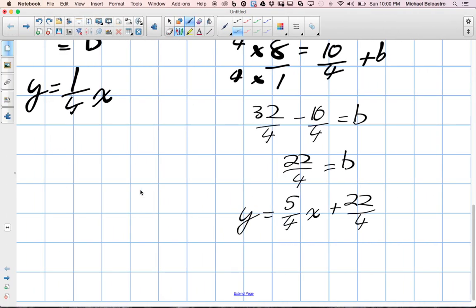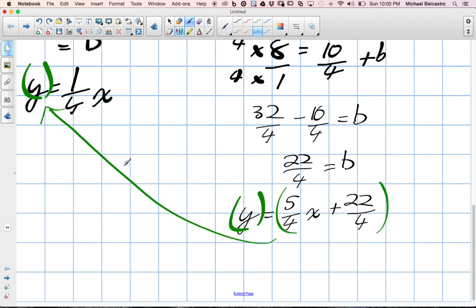So now that we have our two equations, which are written right here, we'll do this part in green. What we're going to do is we're going to set them equal to each other. So we have this is equal to this. So it's the idea of we're going to take this value and we're going to plug it in for the y over here. So we get 5 over 4x plus 22 over 4 is equal to 1 over 4x.